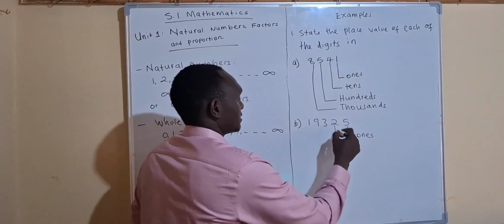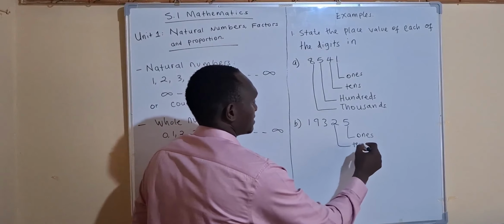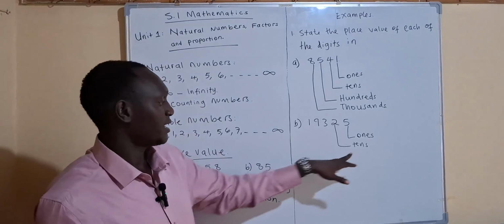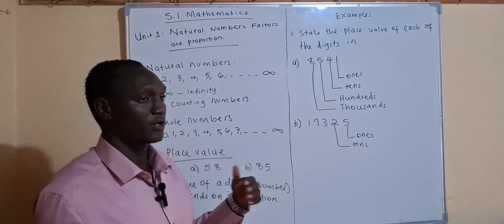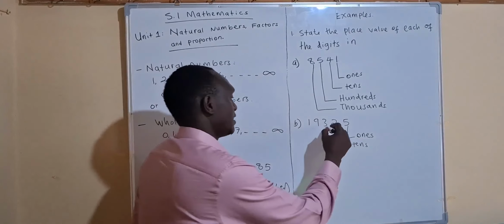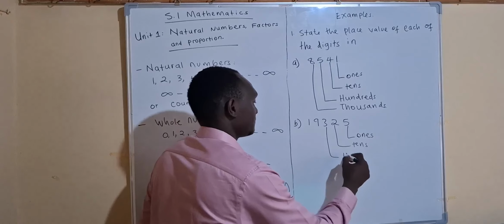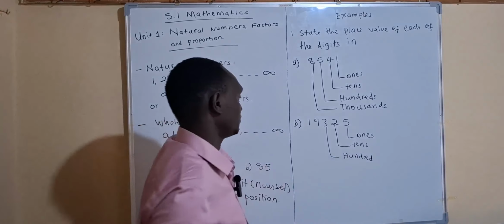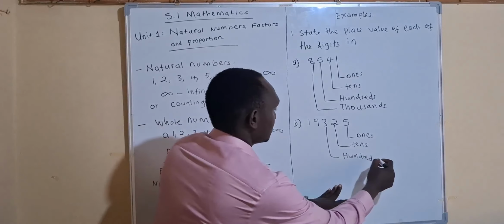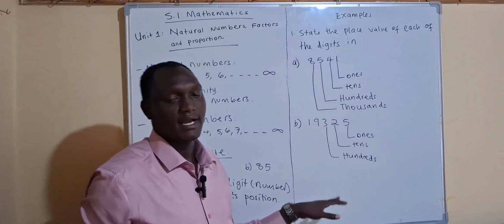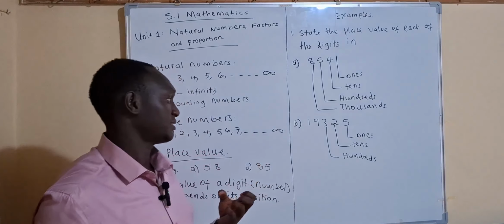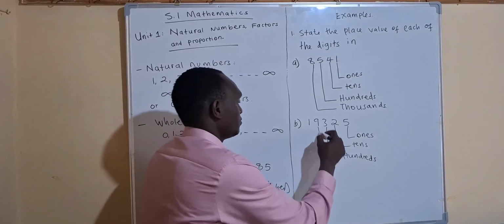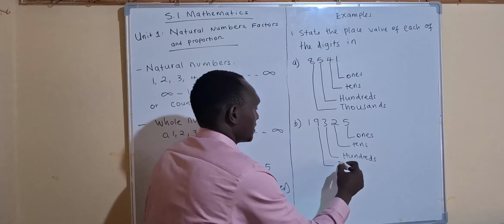And then we come to this. This is a position for tens. That means in this number, tens are 2. There are 2 tens. And then the third one is hundreds. This means that in this number, there are 3 hundreds. And then we come to thousands.